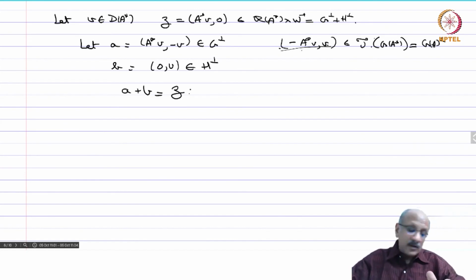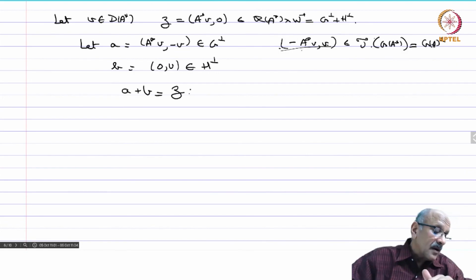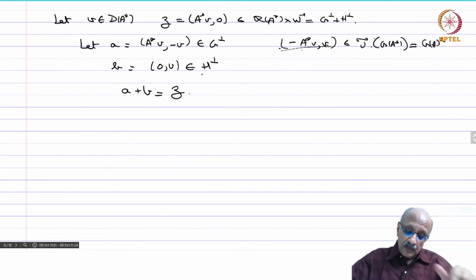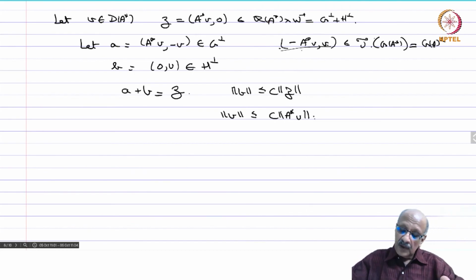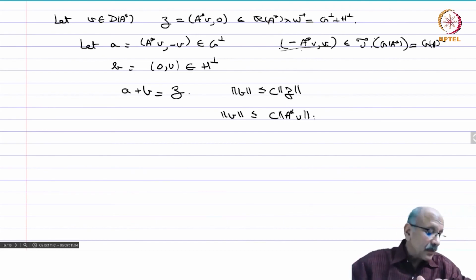So in particular, norm B is less than or equal to C times norm Z, and that tells you that norm V is less than or equal to C times norm of A star V, and that proves the remaining thing. So this completes the proof.